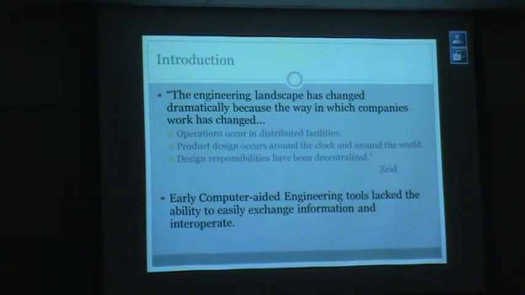The early versions of data exchange, which we'll talk about in a couple of weeks, called IGES, were very poor implementations of data exchange. You could transfer data, but it was highly unusable. Okay? And so they needed to have some kind of environment that allowed this material.